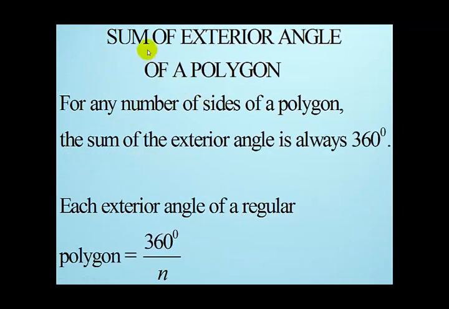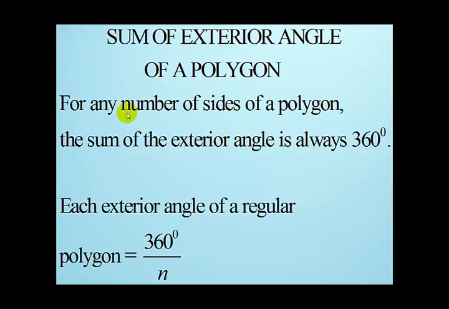Now we have the sum of exterior angles of a polygon. For any number of sides of a polygon, the sum of the exterior angles is always 360 degrees. Take note that I said that exterior angles are angles outside the closed plane figure.